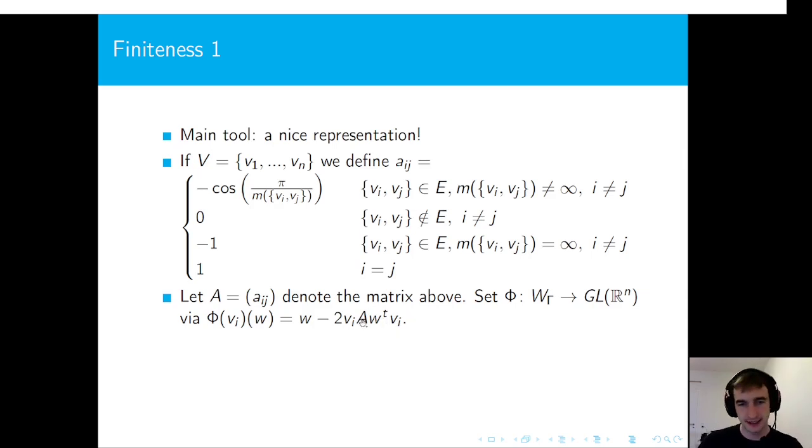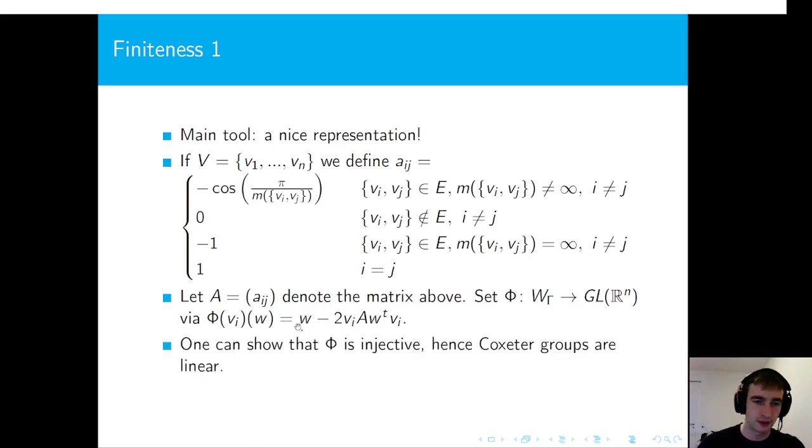So essentially this A is a bilinear form, in a sense. And what I want you to note is that if you plug in Vi, then Vi is mapped to negative Vi. This is where the generalized reflection comes in.